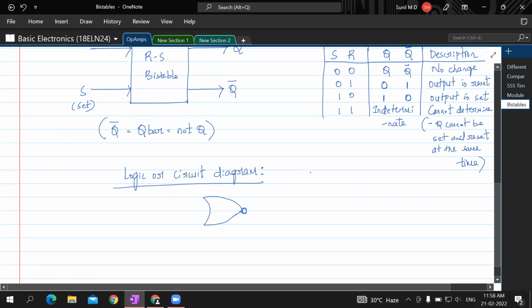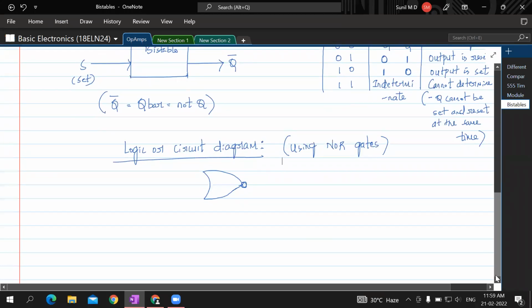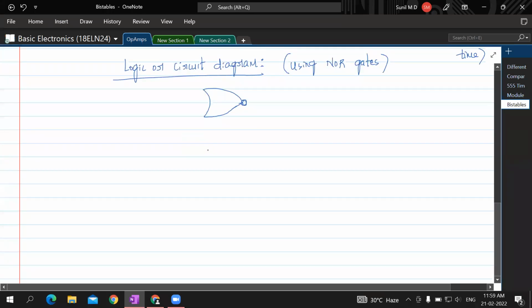So we are using NOR gates to deal with this. Two such NOR gates we need to bring the functionality of SR bistable. So this is the output.